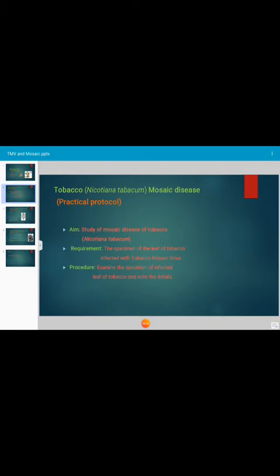They also have to write the details of the pathogenic organism, tobacco mosaic virus. It is difficult to isolate in normal undergraduate laboratories because it is an ultramicroscopic organism. It requires an ultramicroscope to observe all the details.